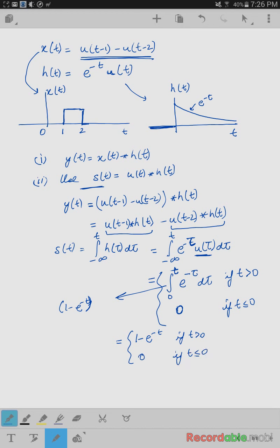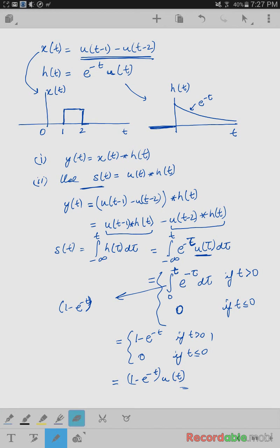Which succinctly, and just check this mentally in 5 seconds, is equal to (1 minus e^(-t)) times u(t). The succinct representation is useful because now you don't need to remember to shift the output by a constant. That will just show up in this u(t) itself when you have to evaluate s(t-1) and s(t-2).